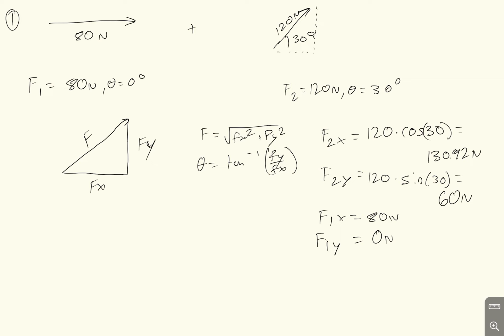So our total Fx sum is equal to, I believe, 183.92 newtons. And then our Fy is equal to 60 newtons.